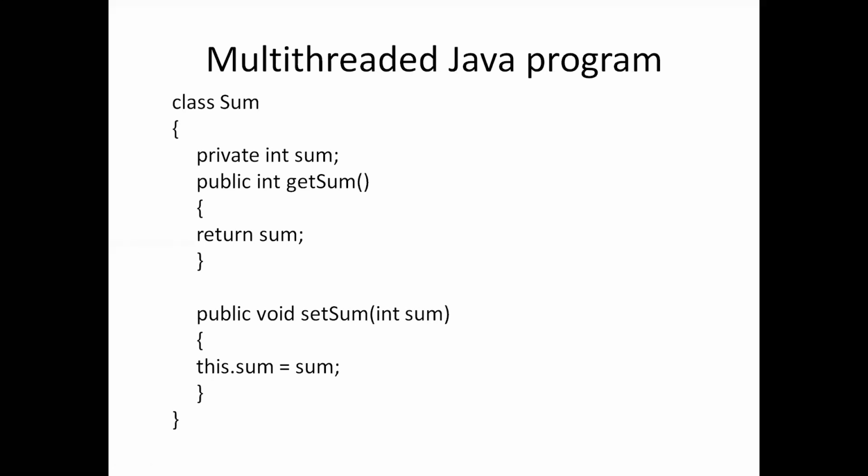You can see this is the variable sum, and this is the class name Sum. Class name and variable name should not be the same. If you declare the variable name the same as the class name, a compiler error will be generated. So we have started the class name with a capital letter.